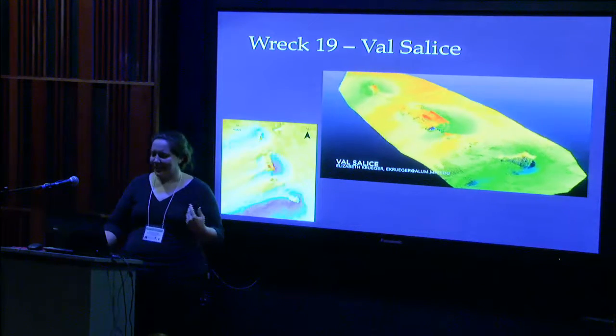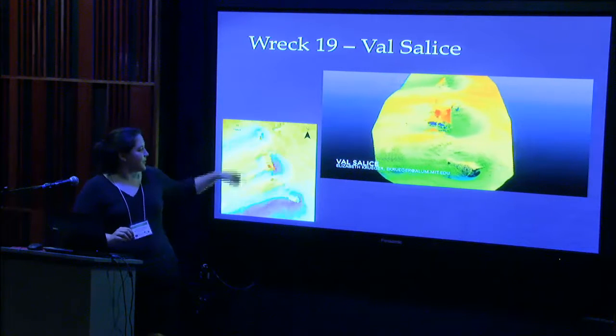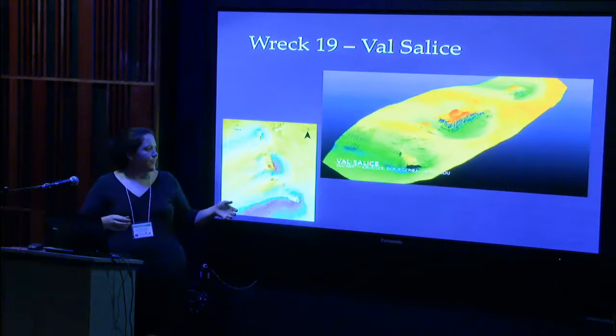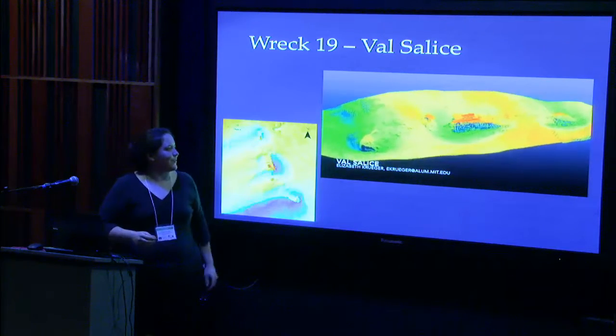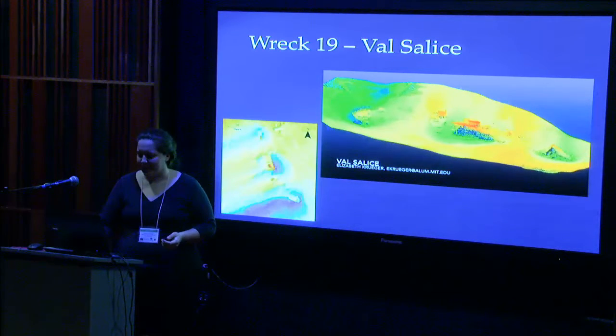Unfortunately, the Valsalis model didn't really turn out quite as well. This is the 2015, which is the most recent of the surveys. And the model gives a little bit more data, but it still mostly looks like it's been buried, which is what's happening to the ship.